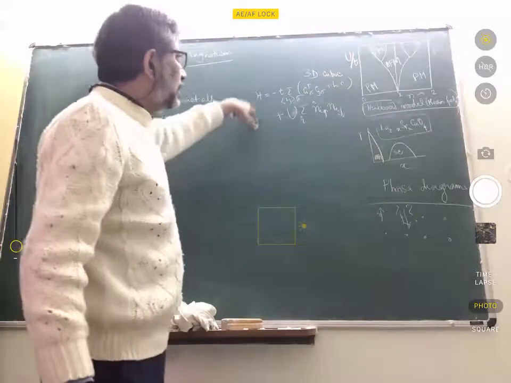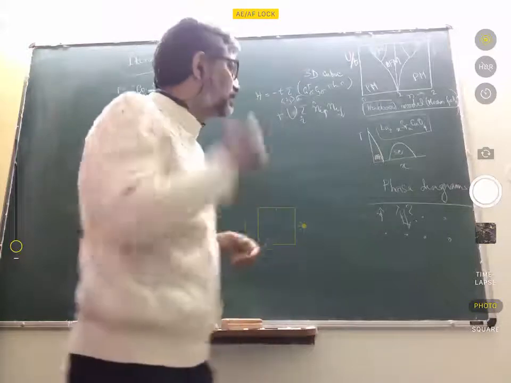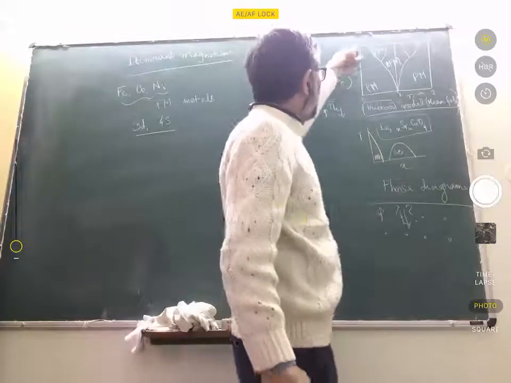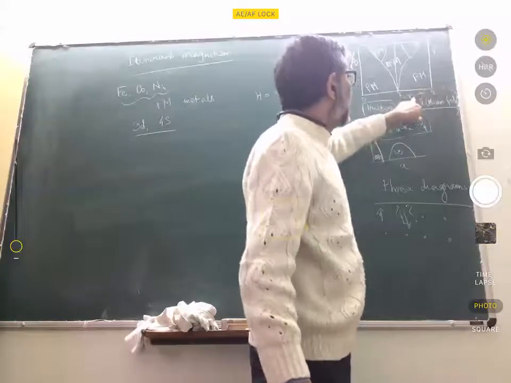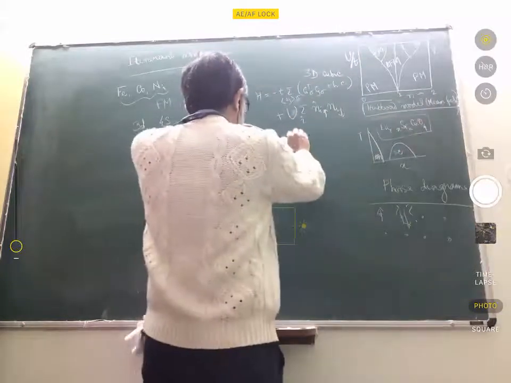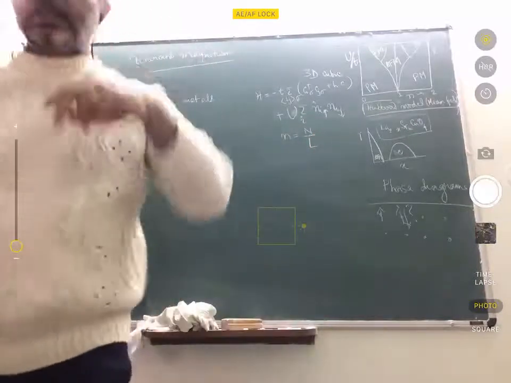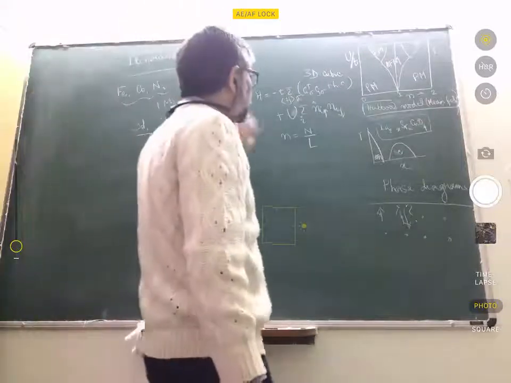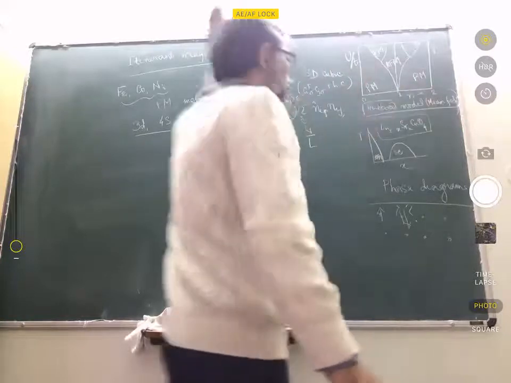We are talking of a 3D cubic lattice, which is just an extension of the 2D square lattice in 3 dimensions. And what is being plotted along this axis is U over T. And on this axis is n, the filling. The filling is the number of electrons divided by the number of lattice sites in the system. So this is n equal to 1, half filling, 0, and 2, that's the maximum you can have.